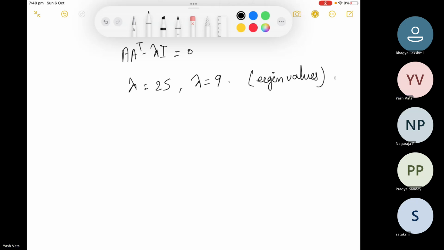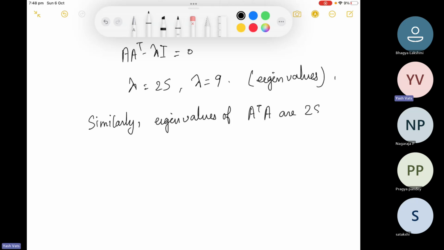Also, you have to see that A A transpose has two eigenvalues, and similarly you can calculate the eigenvalues of A transpose A, but it has three eigenvalues.